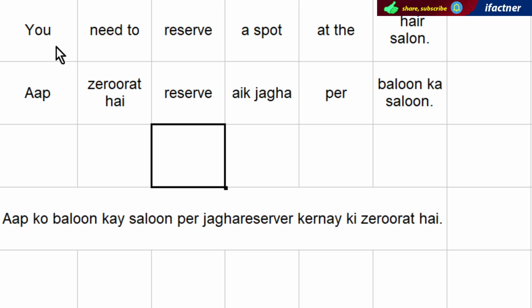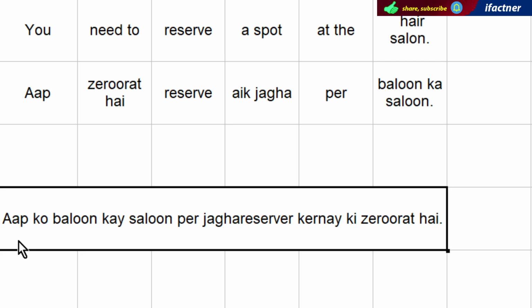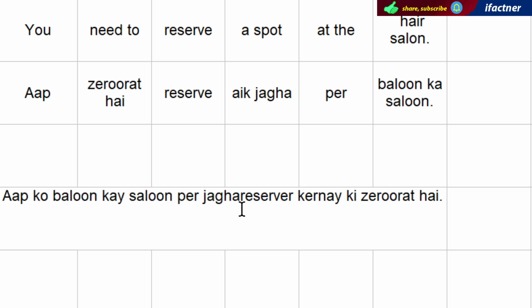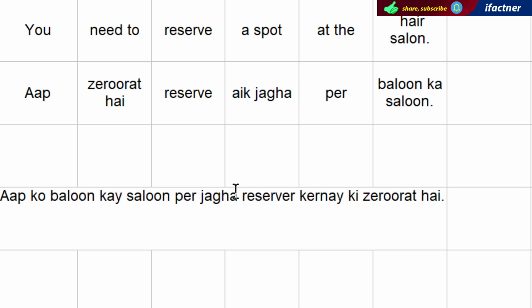And in English, we start our sentence with the subject, but then comes the predicate with the verb, and at the end usually comes the object. So "you need to reserve a spot at the hair salon" can be translated as आपको बालों के सलून पर जगह रिजर्व करने की ज़रूरत है.